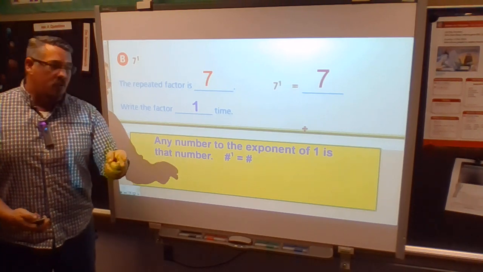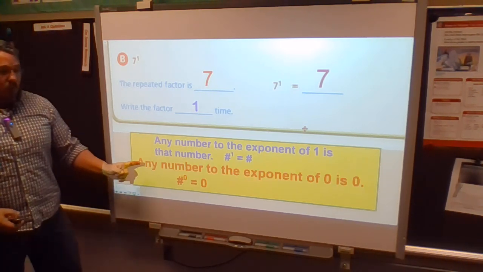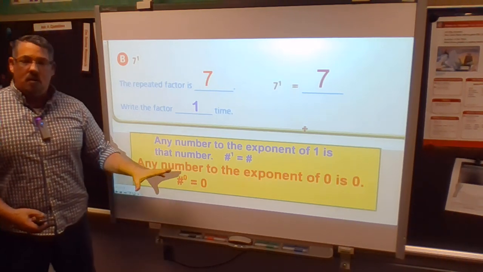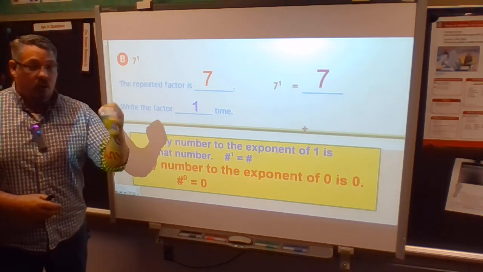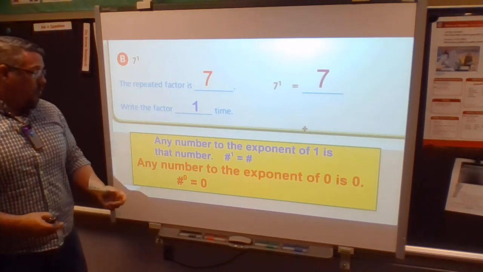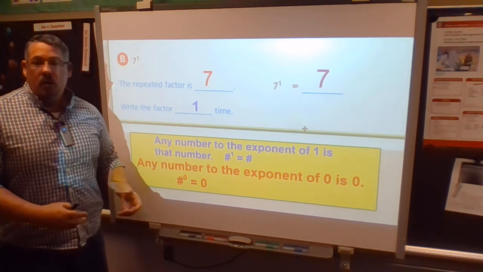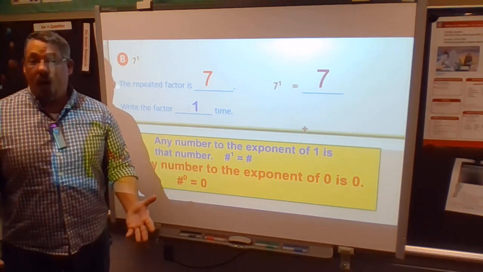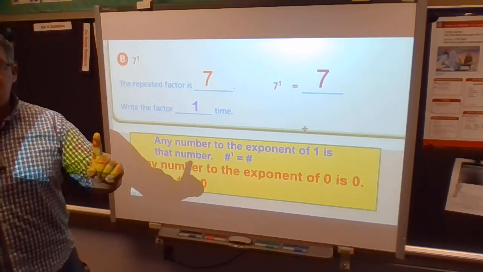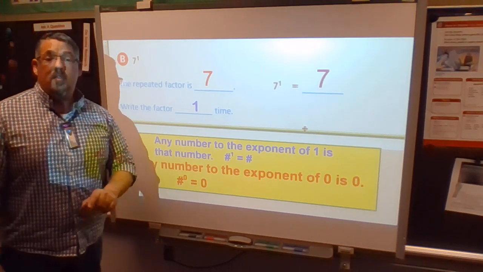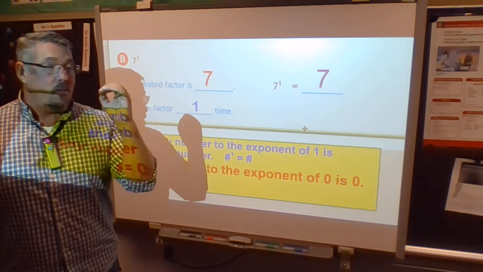One that they don't quite introduce us to yet, but I'm going to go ahead and add it to this slide, is that any number with an exponent of 0 is always 0, because it's telling you to write down some number 0 times. So you're not actually writing anything down at all. So an exponent of 1 means the number stays the same. An exponent of 0 means the answer is always 0 and nothing else but 0.